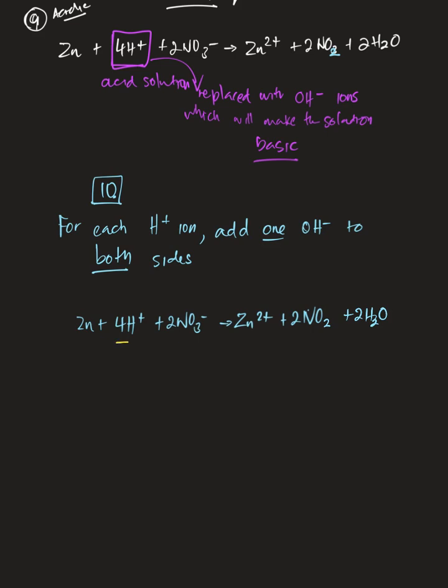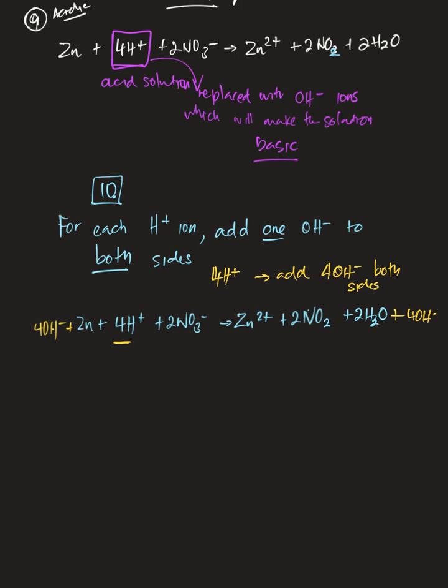If I'm looking here, there's 4H plus, so I must add 4OH minus to both sides. Over here I'm going to say 4OH minus, and here I'm going to say 4OH minus. So I've added that to both sides. That's the first part of step 10.